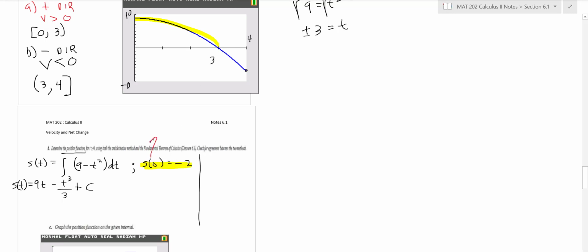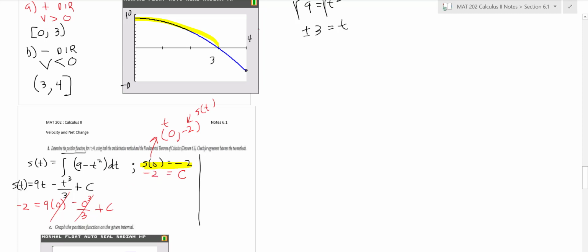This is just giving you a point, 0, negative 2. That's t, this is S of t. So you just plug in. Everywhere you see a t, you put in a 0. So you'd have 9 times 0 minus 0 cubed over 3 plus c. All that goes to 0, so that just means c is negative 2.